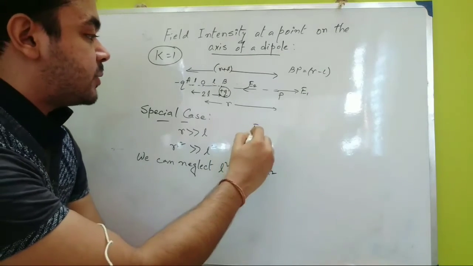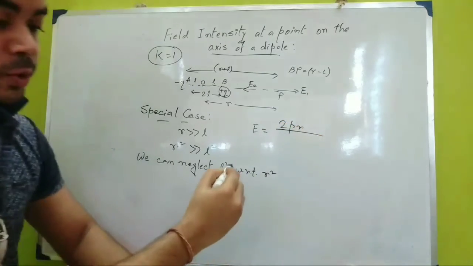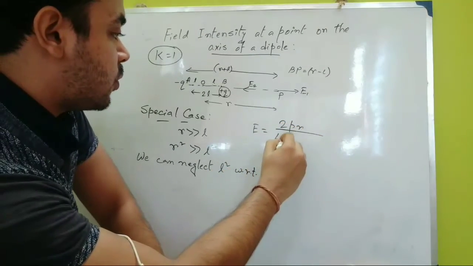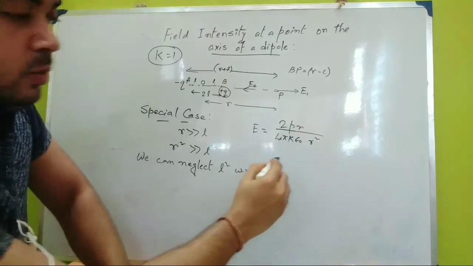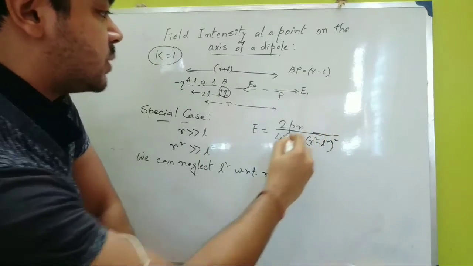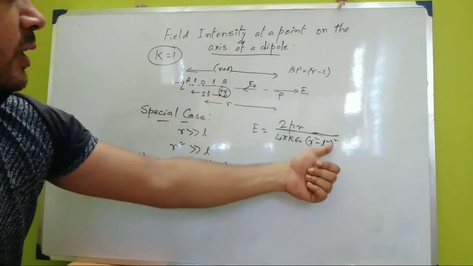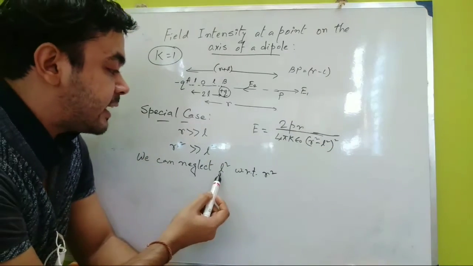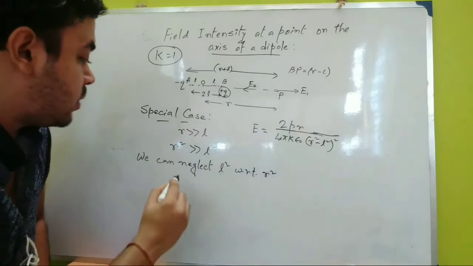What was the value of E? E was 2pr divided by 4 pi k epsilon 0 into (R square minus L square) whole square. So we can easily neglect L square with respect to R square. Then what will be the value of E?